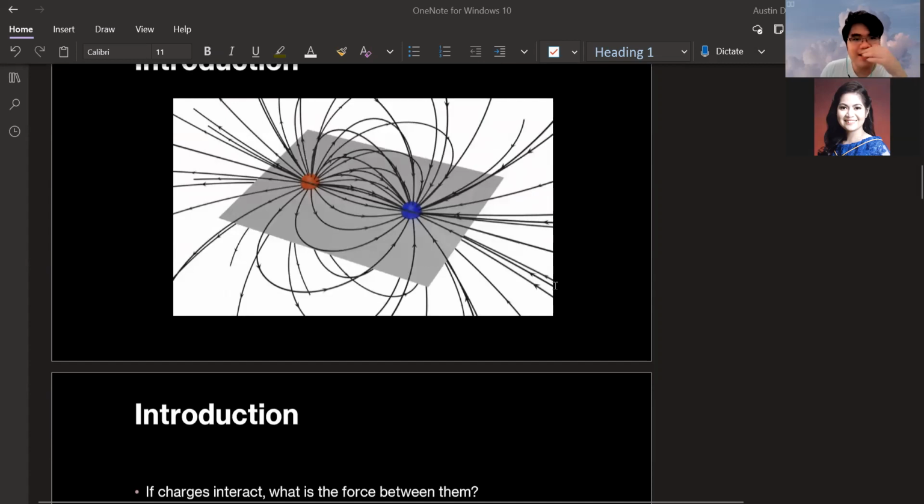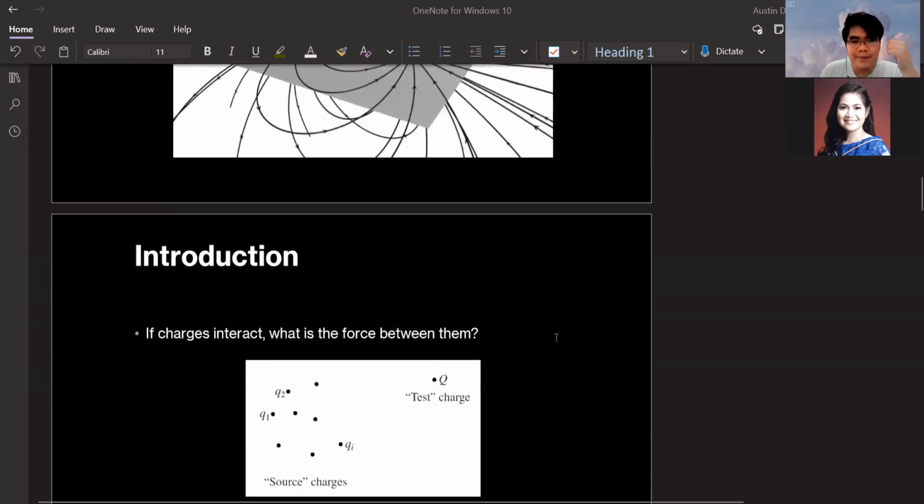Okay, so yung question natin sa electrostatics, or the goal that we want to obtain, is the force between these charges. After all, sa physics, kailangan mo ng different forces to understand how objects move. Okay? So ganun lang naman ang physics, di ba?